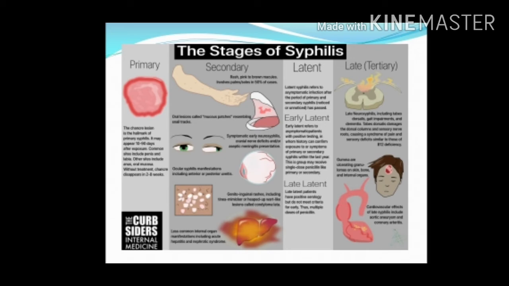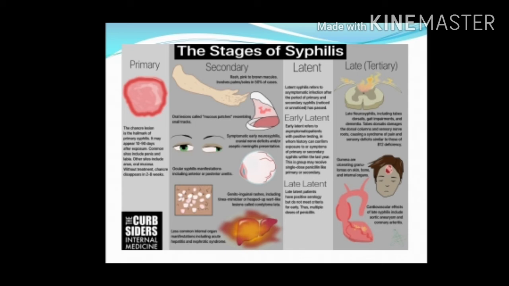In this picture, you can see once again the three stages of syphilis which are already discussed: the primary, secondary and the tertiary stage. So the main symptom of the primary stage is the presence of chancre.